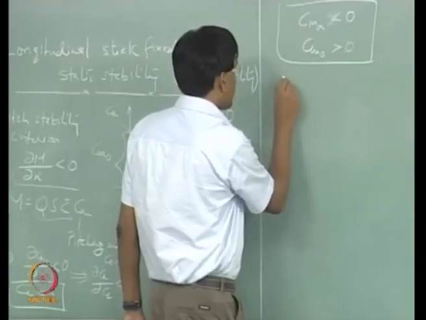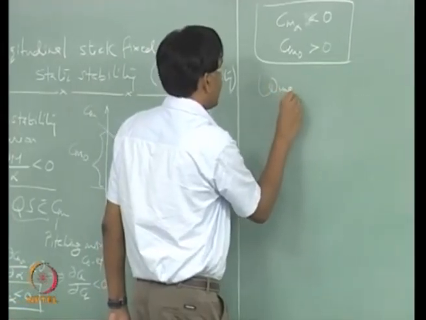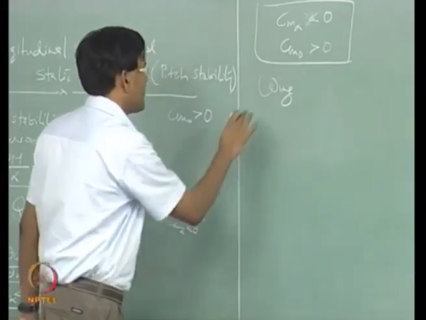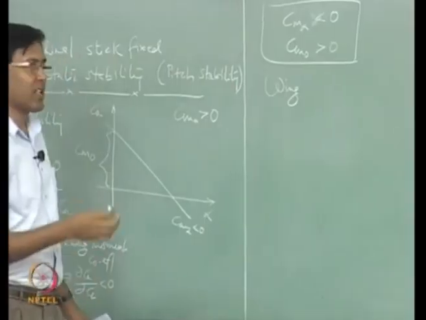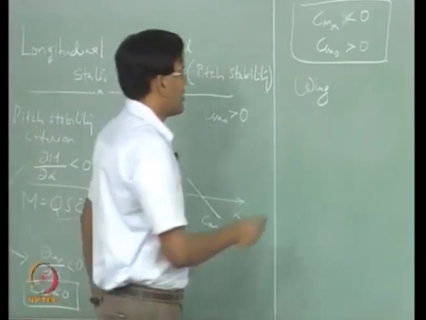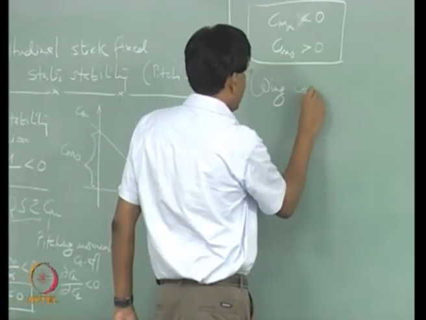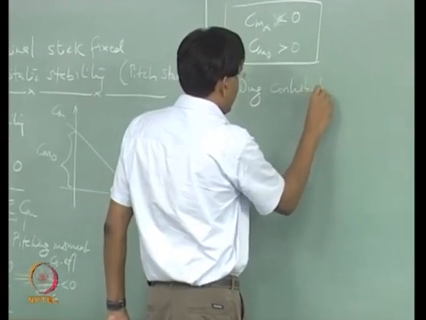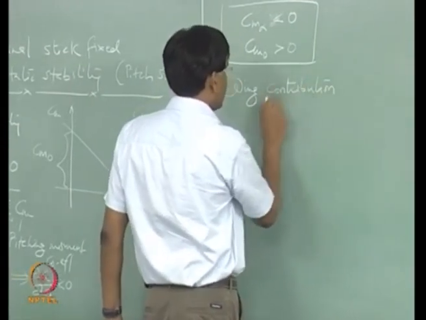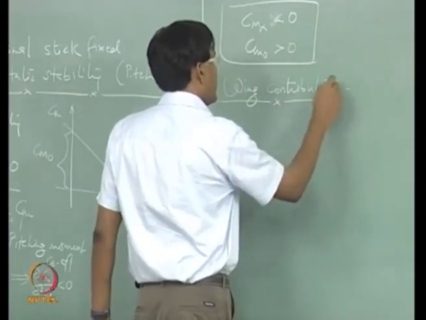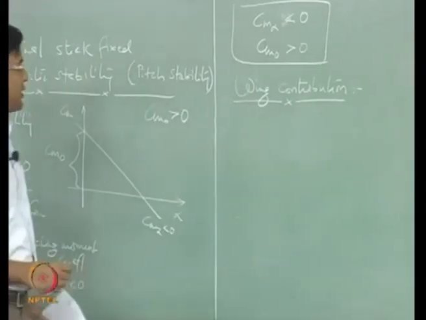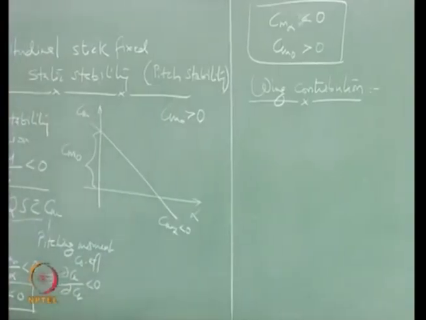Let us first look at the wing, which is the main component of an aircraft other than the fuselage. We will later on also look at the contribution coming from the fuselage.